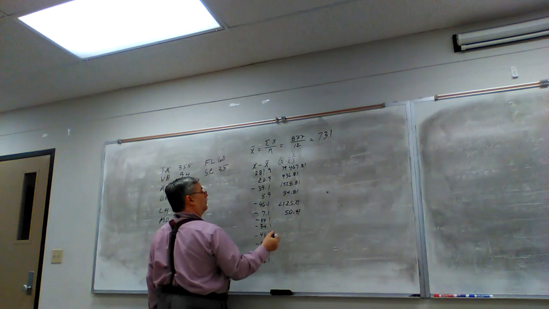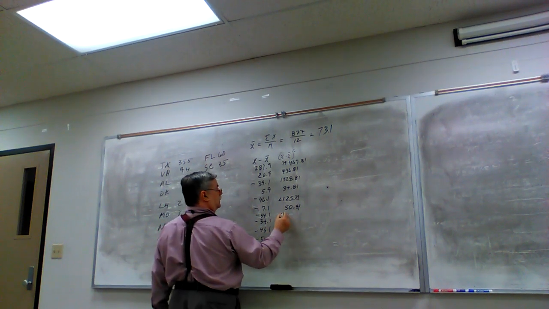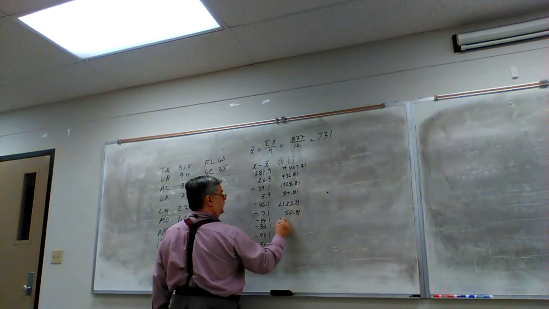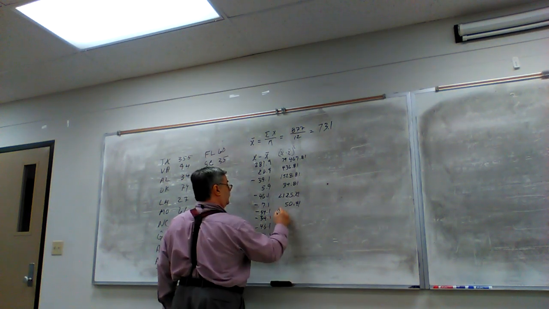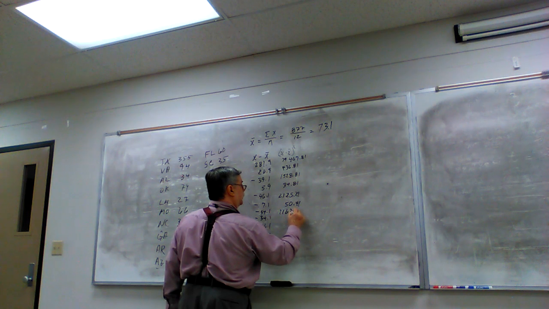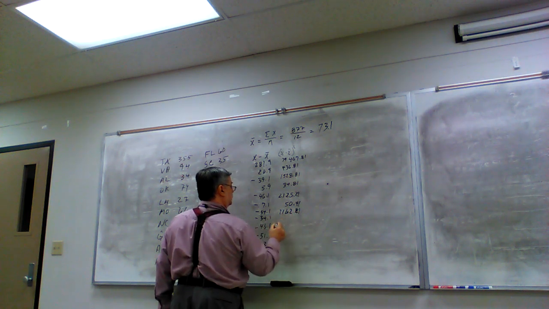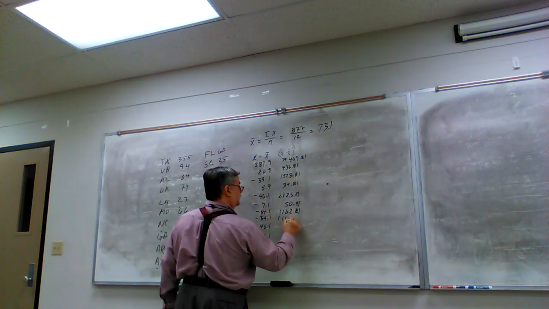Okay, 34.1 squared. 1,162.81. Okay, so we're going to repeat that.